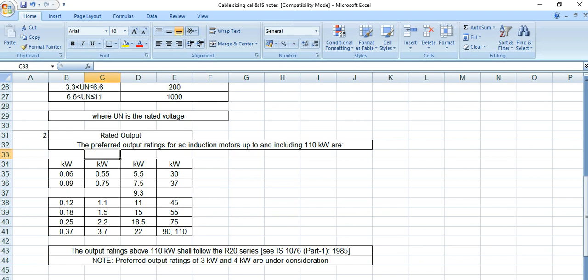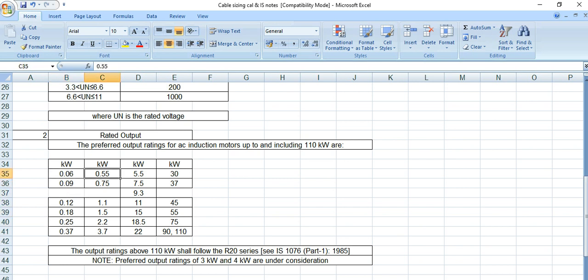So here is the list as per the code, up to and including 110 kilowatt motor rating. Starting from 0.06 kilowatt, then the standard motor rating 0.09 kilowatt, 0.12, like this. 0.37 kilowatt is generally where small motor ratings for industrial purpose start.